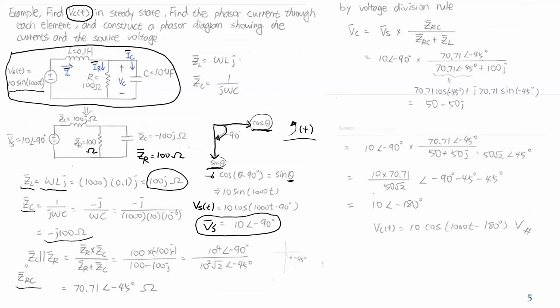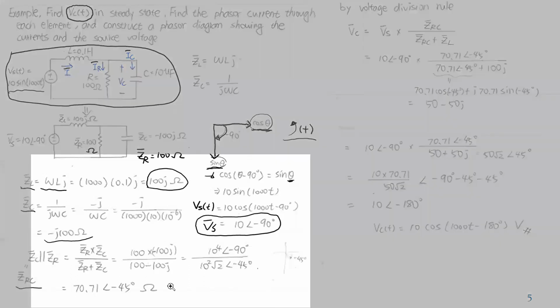So we have ZR is 100 and ZC is minus j100, and ZR plus ZC is 100 minus j100. And we need to do the division of complex values. We convert them to phasors and do the division.